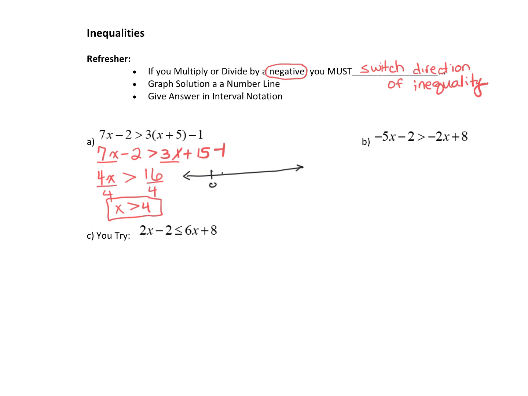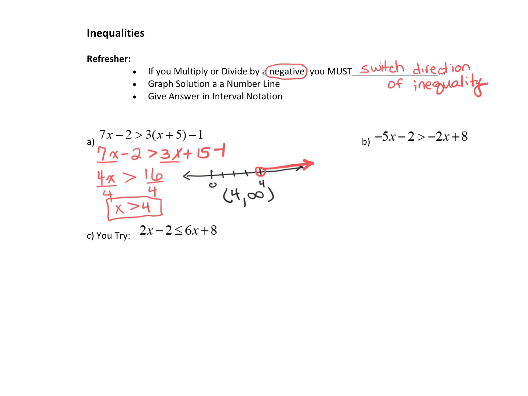So when we plot our inequality, here we have the number 4. We don't want to include 4 because it doesn't have the equal to, and we want to be greater than 4. So we're going to shade in this direction. And our interval notation would be 4 comma infinity.